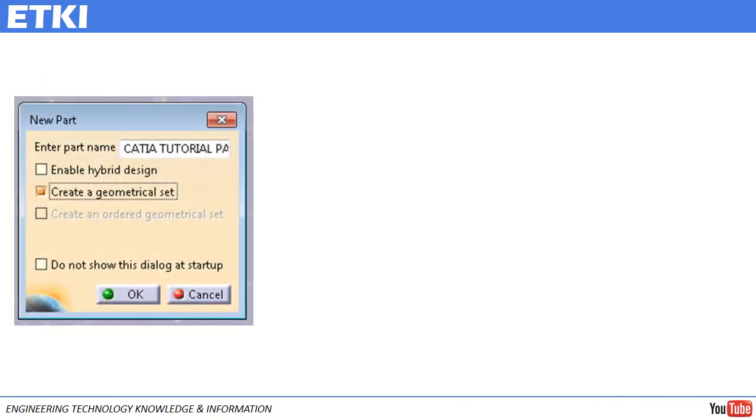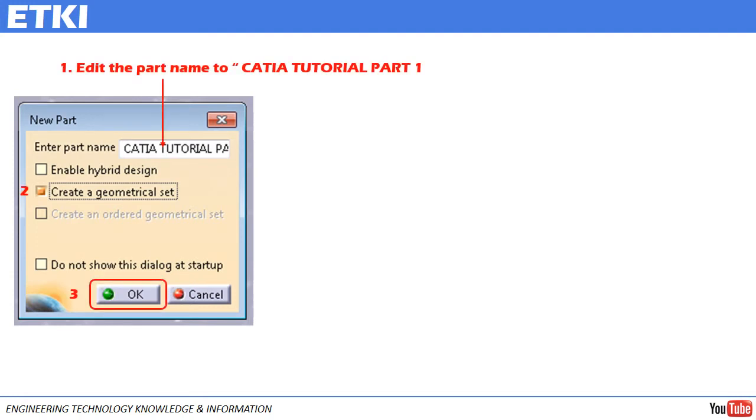In the pop-up window, edit the part name to CATIA Tutorial Part 1 in the Enter the Part Name section. This will be the file name. When you save the file, it will get saved in the name of CATIA Tutorial Part 1. If the geometrical set is not enabled, enable the geometrical set and say OK.